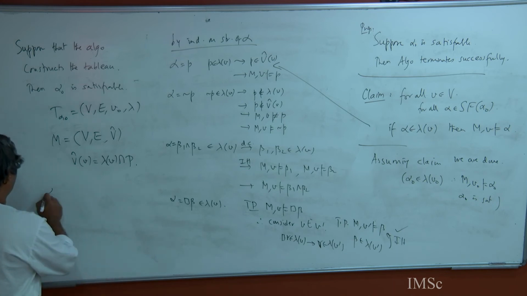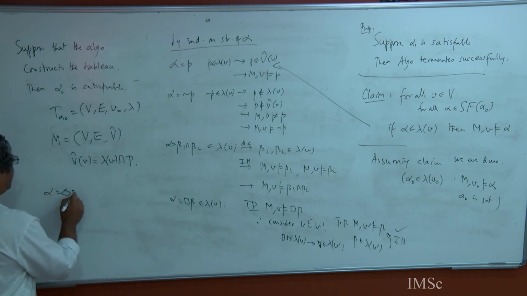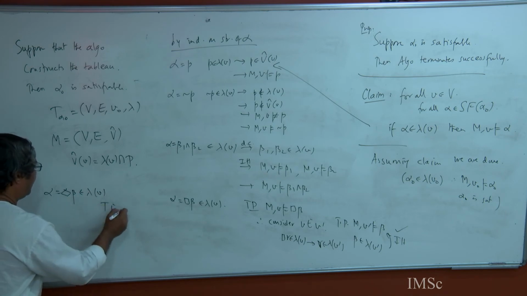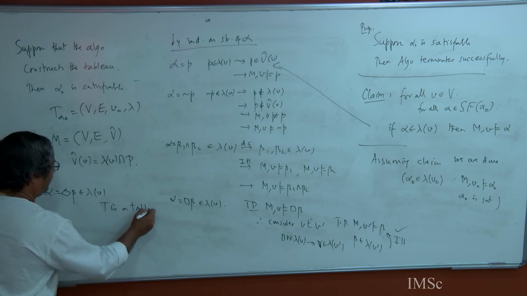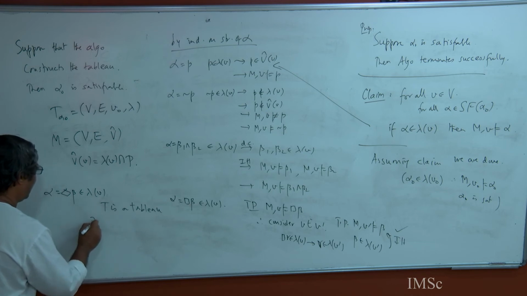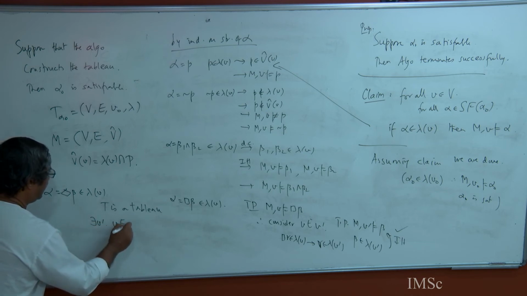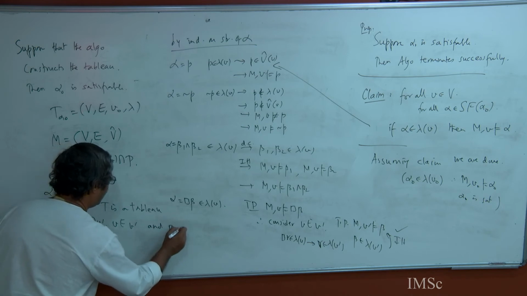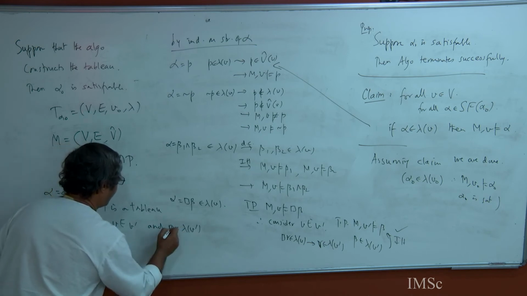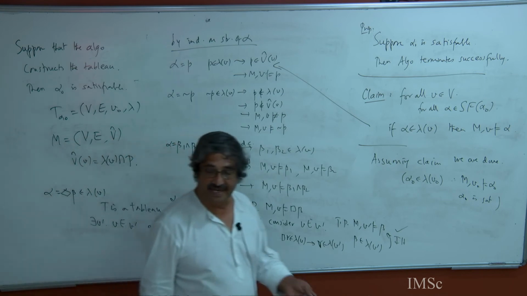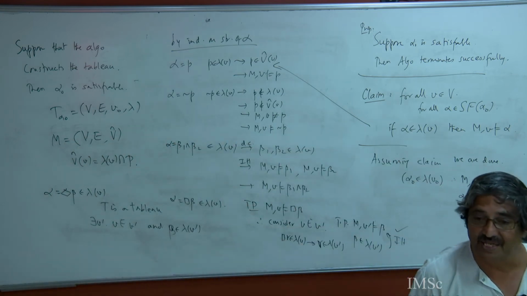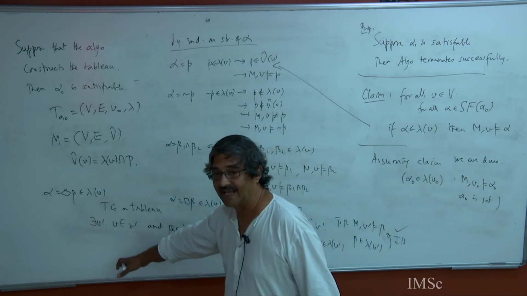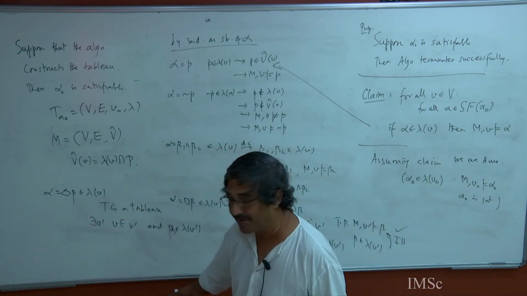Okay. If alpha is of the form diamond beta in lambda of V, well, T is a tableau. By condition 3, there exists V prime such that beta belongs to lambda of V prime. This is the third condition in the tableau construction, to say that if there is a diamond beta, there will be a successor, right? There has to be a successor, and beta belongs to it.